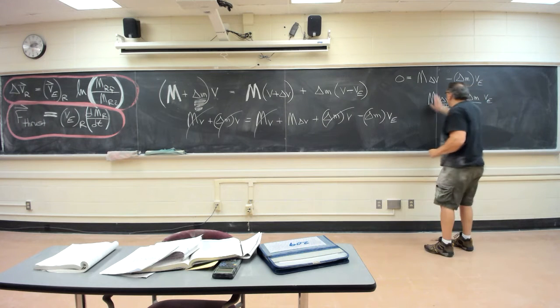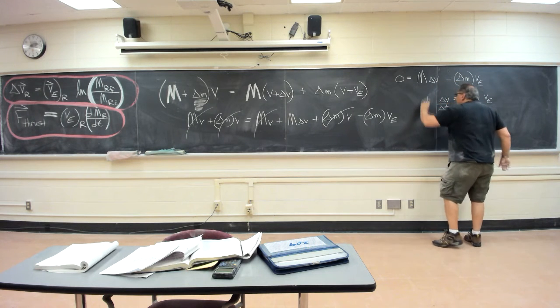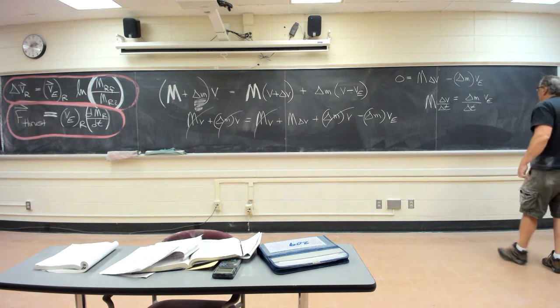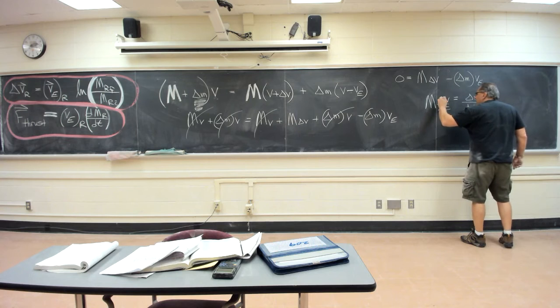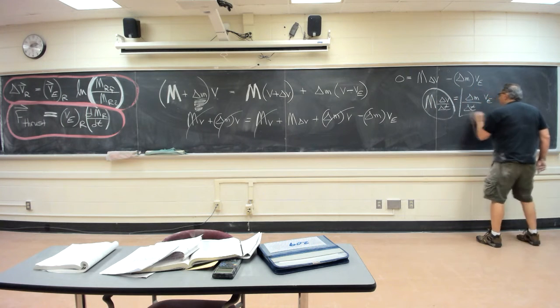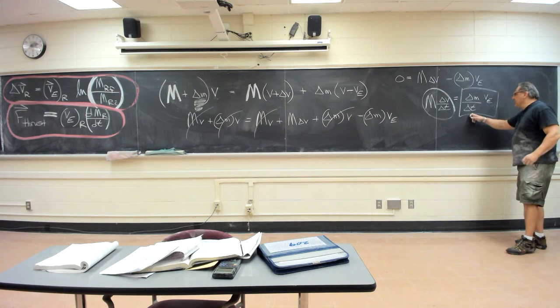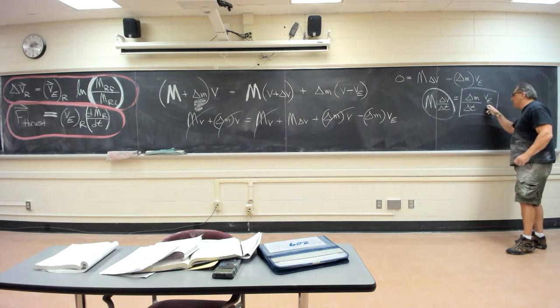So what you have is something like that. Well, this is mass times acceleration. Mass times acceleration in terms of magnitude is the rate at which mass is being expelled times the velocity of the fuel leaving the rocket.